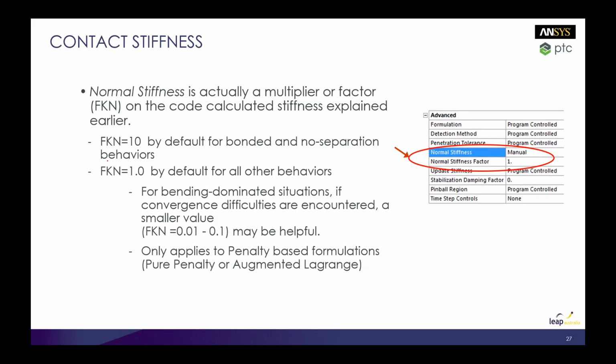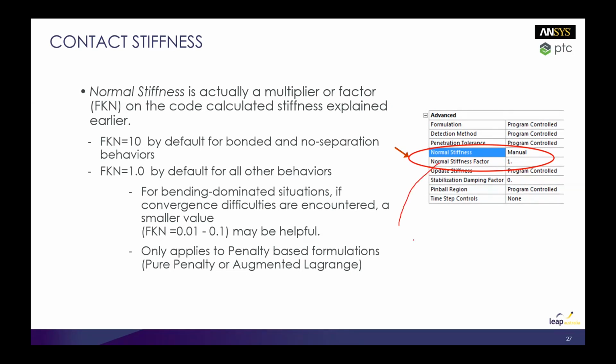By default, 10 is used for bonded and no separation, and 1 is used for all the other contacts. There are a few situations where you would change this, because this normal stiffness factor is loosely based off the Young's modulus of the materials.